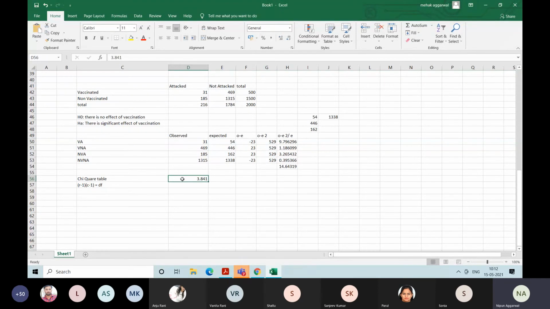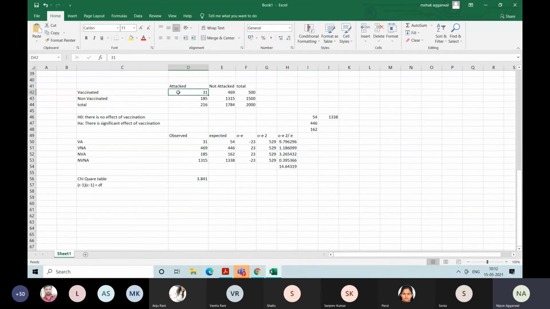Clear? Since the chi-square value is greater than your table value, it is a significant effect in preventing the disease. Fine. Any doubts in this chi-square test?